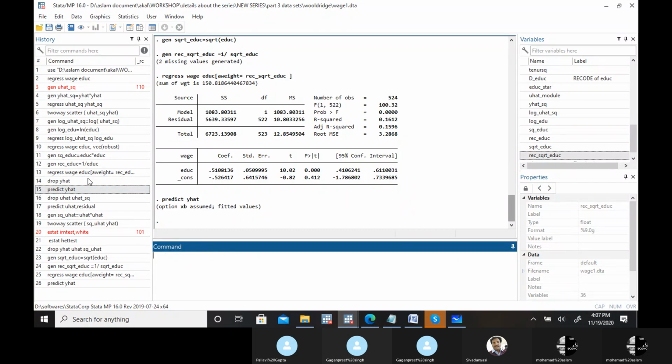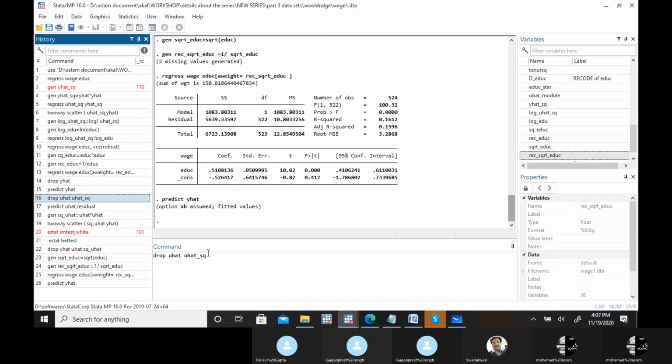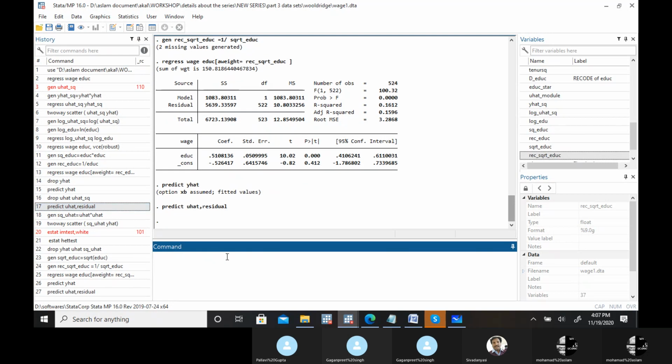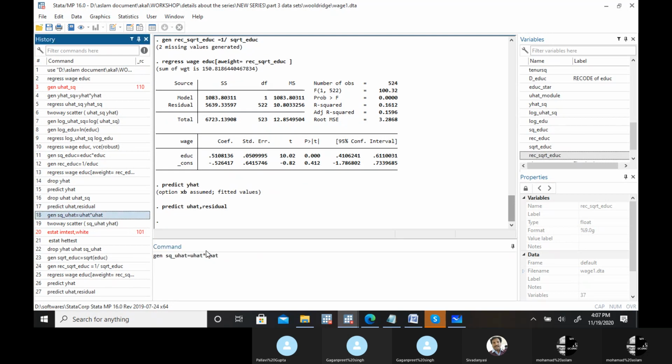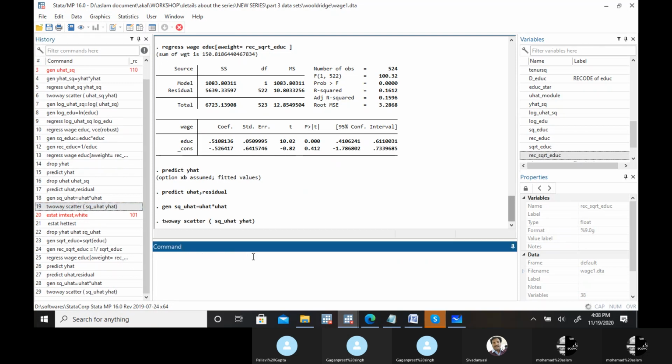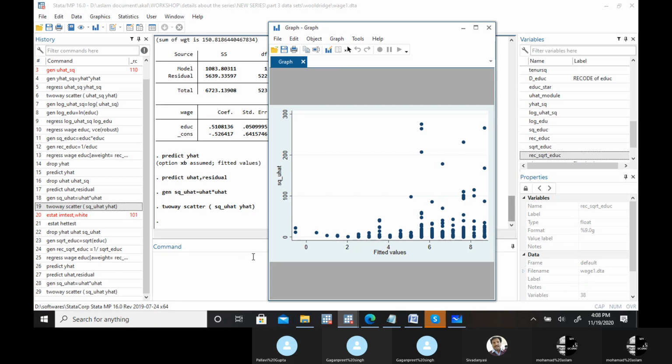Predict y hat, predict u hat, take its square, run a graph. Still, I think this problem is there.